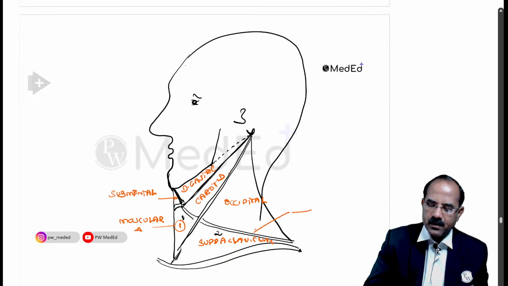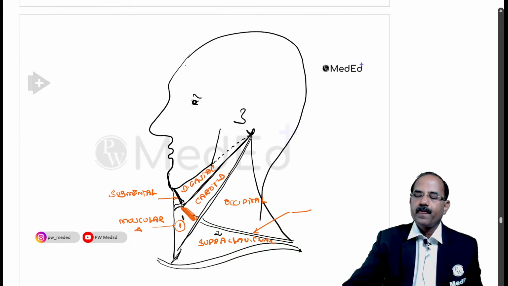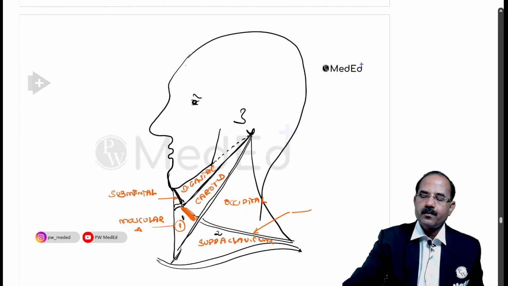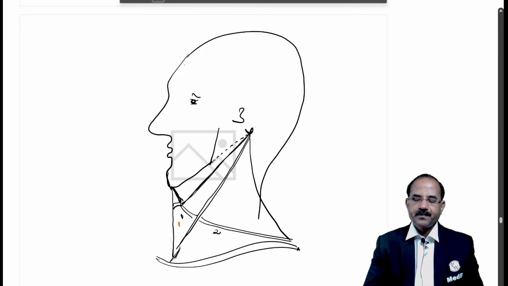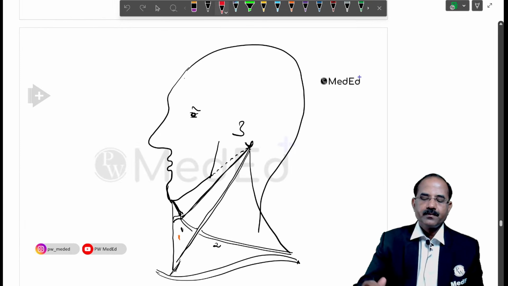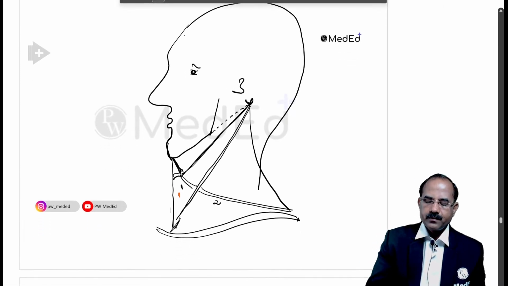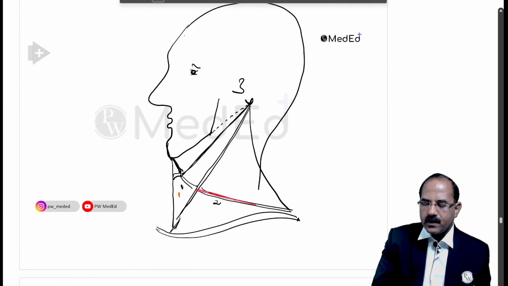What is this muscle? Number 1. One minute. What is this muscle?